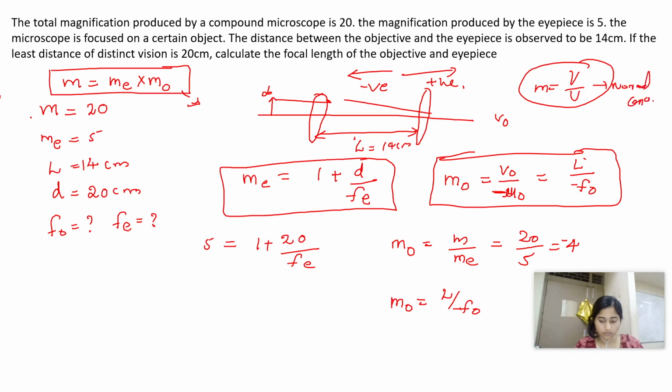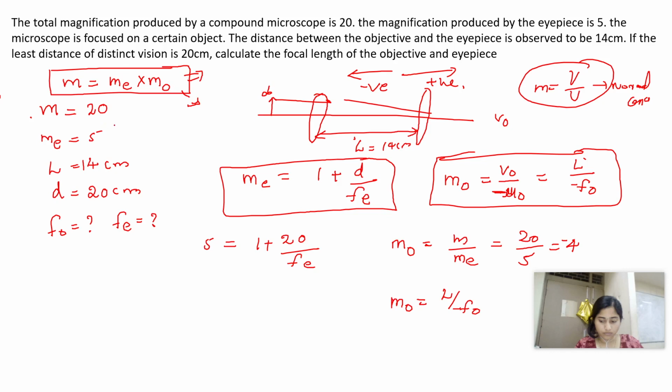But in the case of a compound microscope, there are two kinds of lens. One is the eyepiece lens and another one is the objective. So the total magnification will be the multiplication, Me times Mo. That is one important formula.